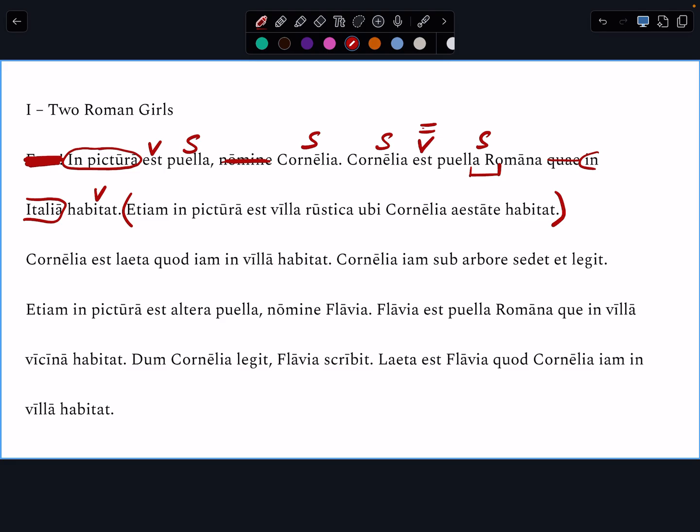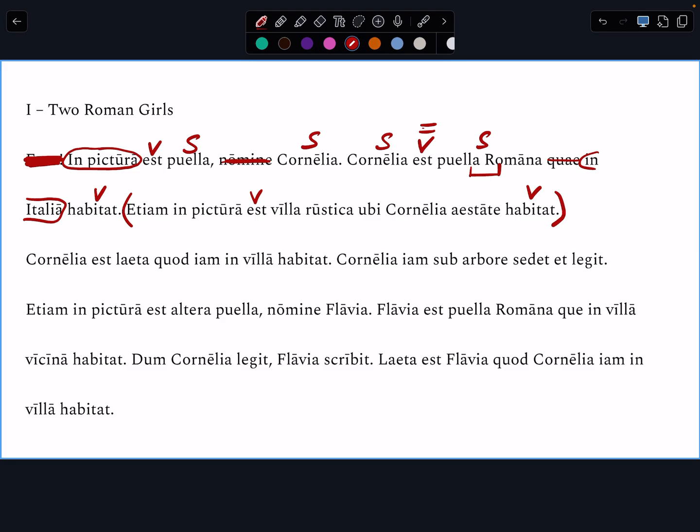All right, did we all finish? Who thinks they've got it? Talk me through it. Tell me how you marked it up. Any brave souls? All right, Victor, tell me. Is the word habitat best? Very good. So we got 2 verbs.